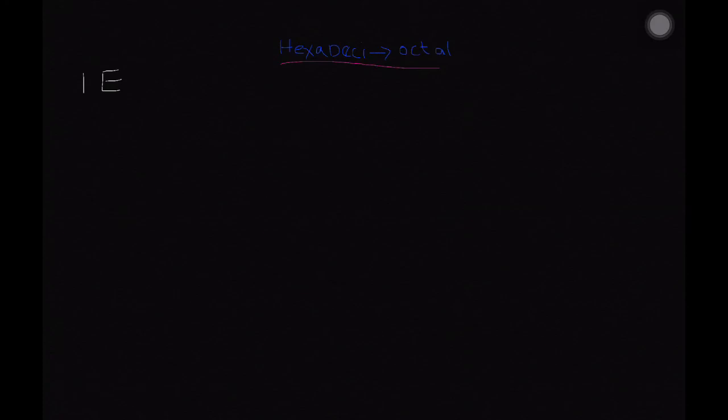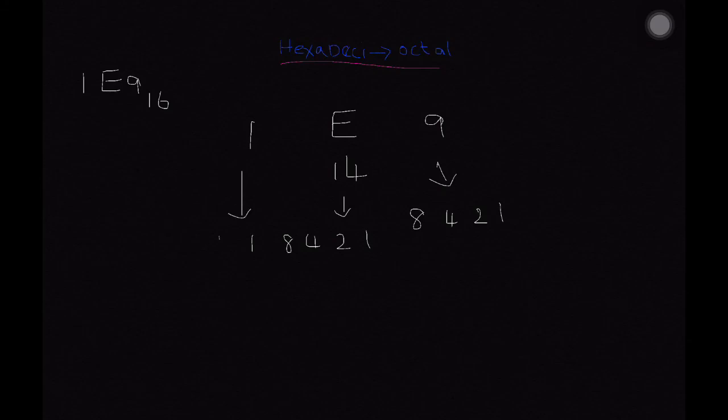1E9 to the base 16. This is the hexadecimal. Now I want to convert it into octal. E means 14. As I said before, 14 corresponds to E. 1, 2, 4, 8, 1, 2, 4, 8, 1, 2, 4, 8. Here 1, 0, 0, 1, 1, 1, 1, 0. 8 plus 4 plus 2, we have 14. 1, 0, 0, 0.